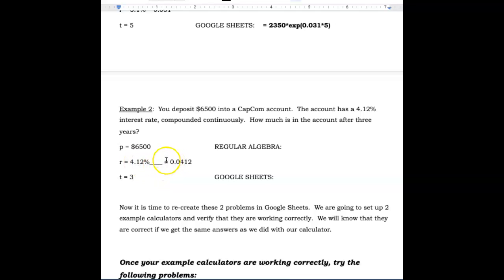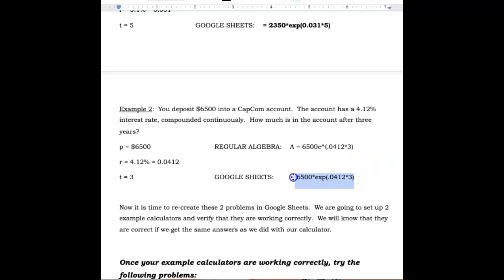Well, in regular algebra, it would look like the amount equals principal times E raised to the R T. But in Google Sheets, it's going to look like P times EXP parenthesis 0.0412 times 3.